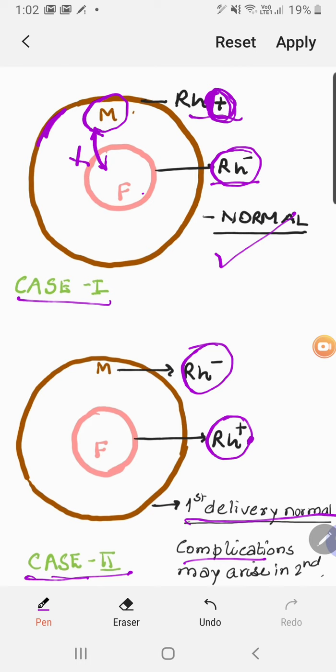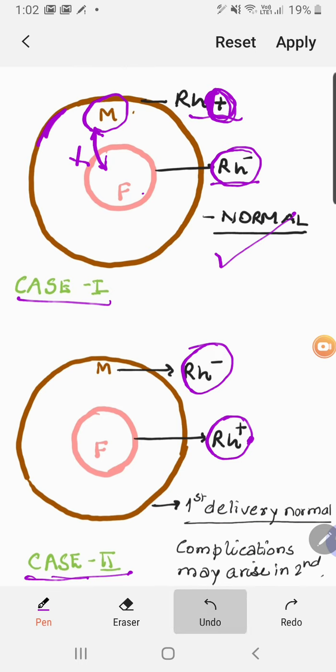During first delivery, basically what is needed for the antibodies to be produced inside the mother? I mean, what is needed so that the mother's blood starts reacting, because she is Rh negative here. The only condition when she would react is if she comes in contact with Rh positive. As of now, I have told you that fetus blood never comes in contact with the mother's blood. Therefore, the first delivery is normal.